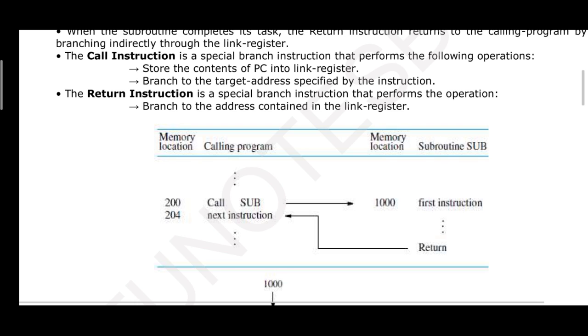Now what is the position of the control? Control is placed at location 200. So where should it jump to now? Instead of executing the next instruction in sequence, it should go for branching. The next instruction is located at 204, but instead of executing that instruction at 204, it will go to the location 1000, right?